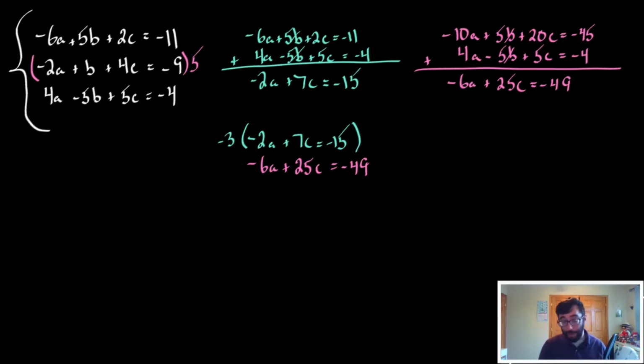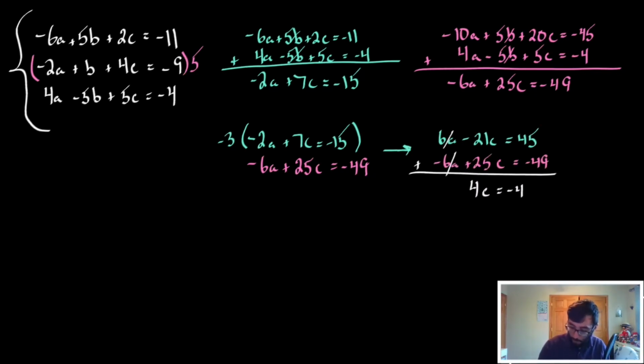So I'm going to go ahead and do that now. Okay, and that led us to being able to solve for our first variable. I multiplied that equation by -3, and when I added them together, the a's canceled out, leaving me with just the c variable. That left me with 4c is equal to -4, which means c is equal to -1.